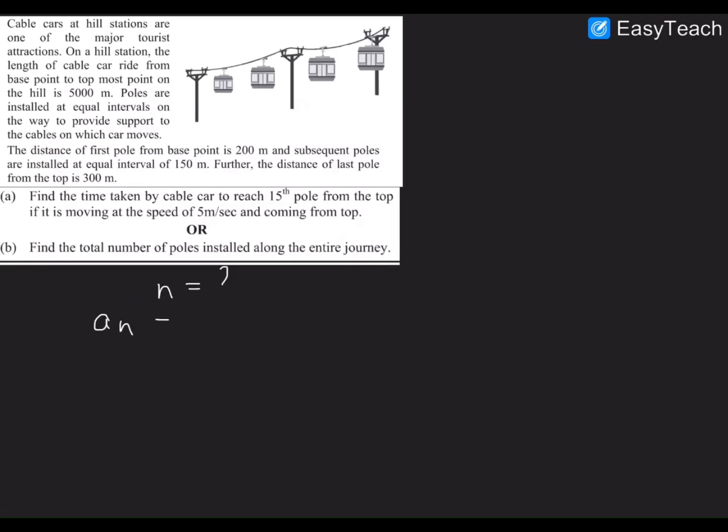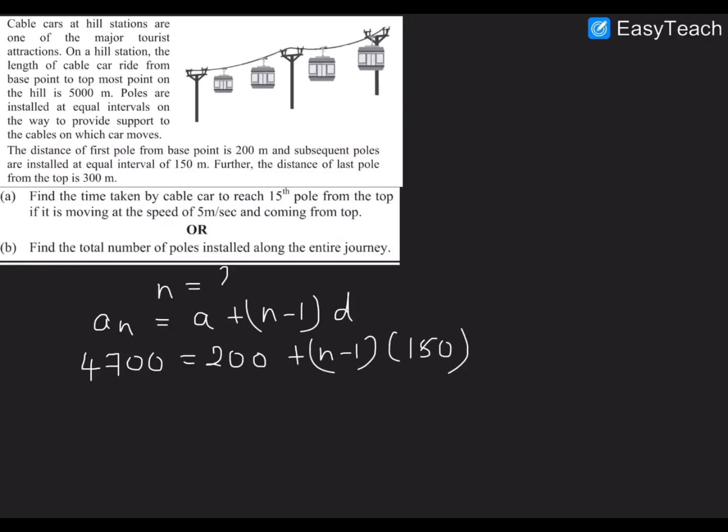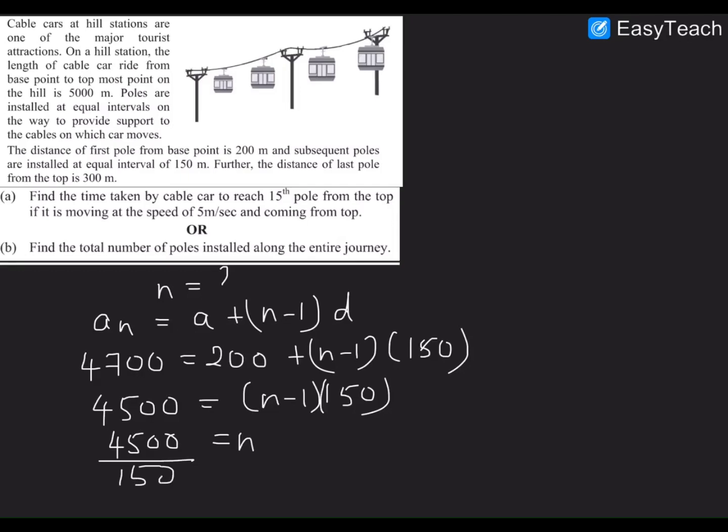So AN is equal to A plus N minus 1 D. We know AN is 4700, A is 200, and D is 150. So this gives you 4500 equal to N minus 1 into D, which comes out to be 4500 divided by 150 equal to N minus 1.